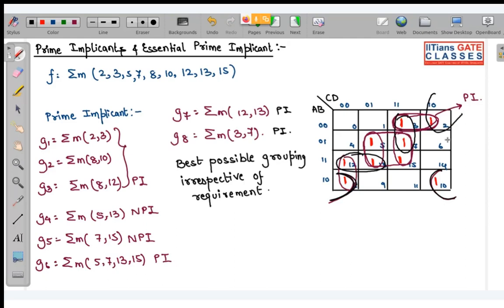Even this is also a prime implicant, like 2 and 10. So G8 is what? 2 and 10. This is also a prime implicant. So what did I say? Prime implicants are all the best possible groupings irrespective of the requirement. Is this clear? Is this clear?